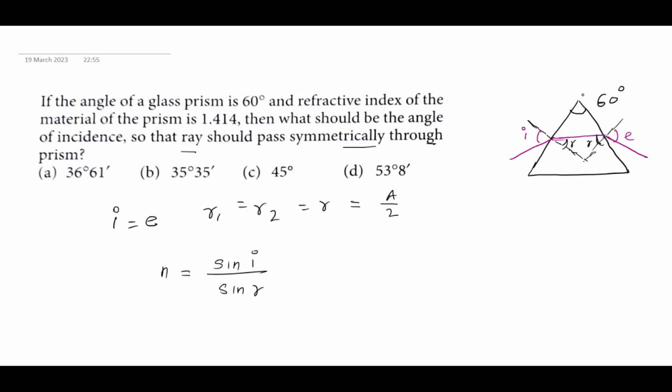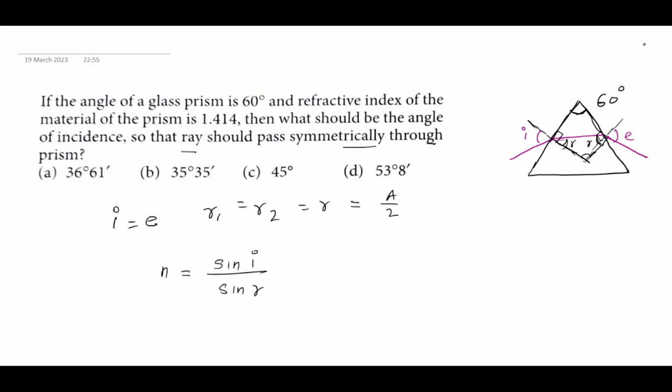Now how? R1 plus R2 is going to be equal to A. So if you consider this quadrilateral, then in this quadrilateral, these two angles are 90 degrees, and the sum of this angle and this angle is going to be 90 degrees again as well.